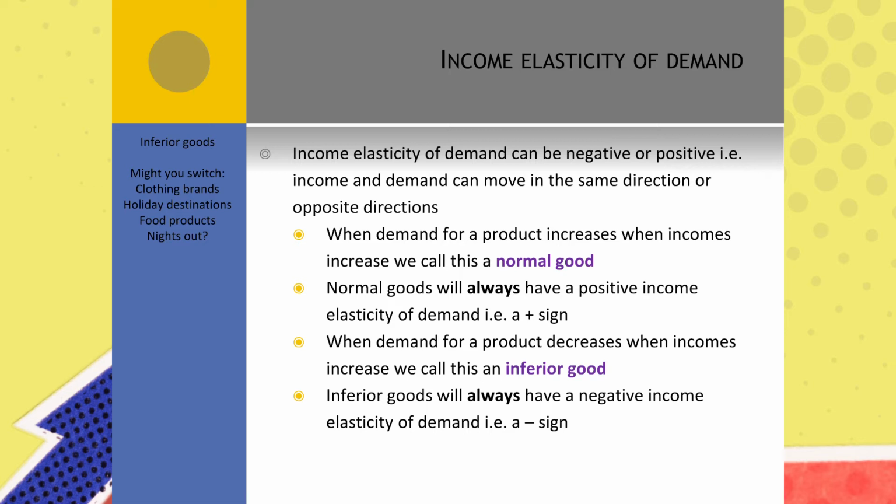Maybe we end up buying sparkling water with minerals. Because our income's gone up, we no longer buy inferior goods. We might buy more luxury goods or normal goods. So please add these two words to your word glossary list.